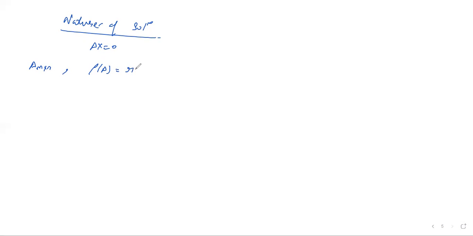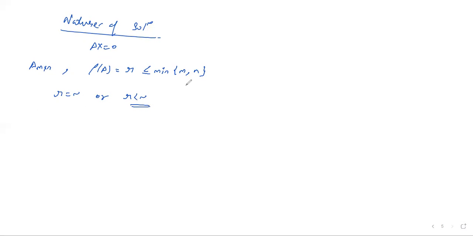By the property of rank, r is at most the minimum of m and n. So we will have either r equal to n or r less than n, because we have n unknowns: the rank can equal the number of unknowns, or be less than it.